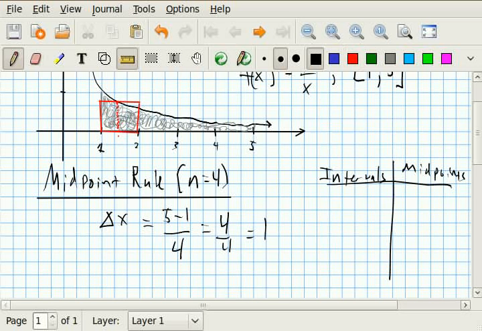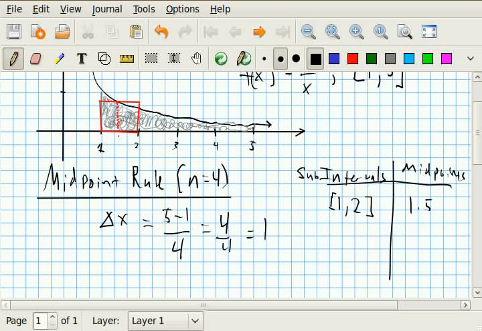So our first interval is from 1 to 2. It's our first, I guess we call them sub-intervals. Between 1 and 2, we have a midpoint of 1.5, right? And we'll use that number 1.5 to get the height of the curve. So that's what the height of our first rectangle is going to be. The width is going to be delta x, which is 1.